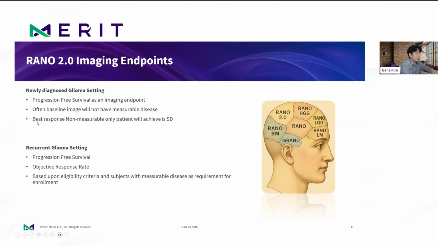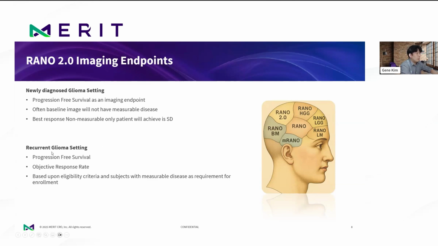And in this case, the best response for these subjects per RANO or RANO 2.0 will be stable disease, not partial response or complete response.